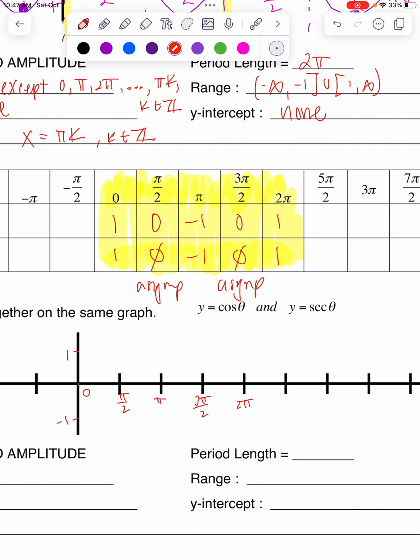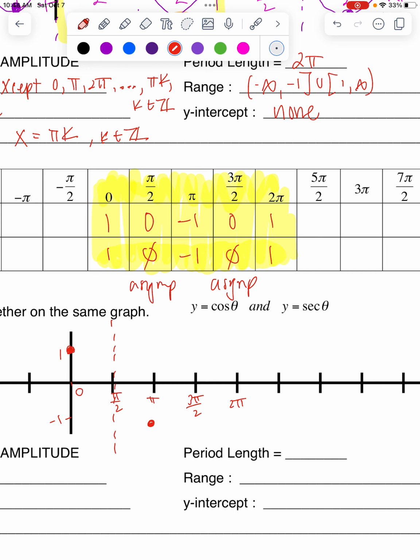So at 0, we are at 1. At pi over 2, we are having our first asymptote. At pi, we're going down to a -1. At 3 pi over 2, we have our second asymptote. And then at 2 pi, we're going back up to 1.